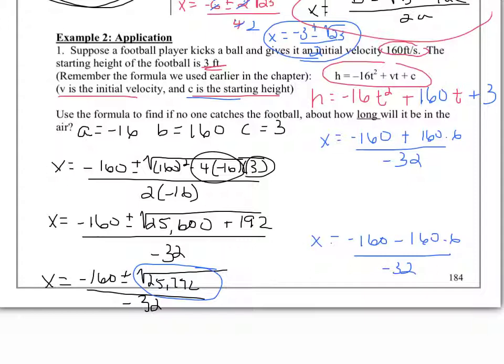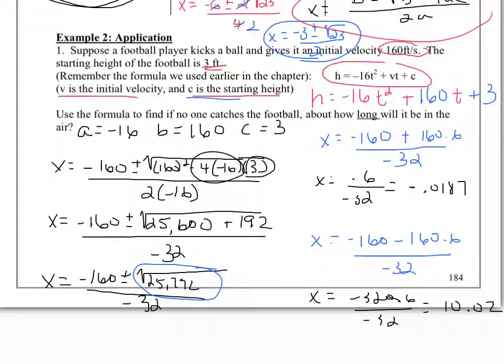Okay, so in the first one to simplify, negative 160 plus 160.6 is going to be 0.6 over negative 32. Okay, again, you can use your calculators, and you're going to get negative 0.0187. Okay, and then, or we can have negative 160 minus 160, and we're going to get here negative 320.6 over negative 32. Okay, if we divide negative 320.6 divided by negative 32, we get 10.02.